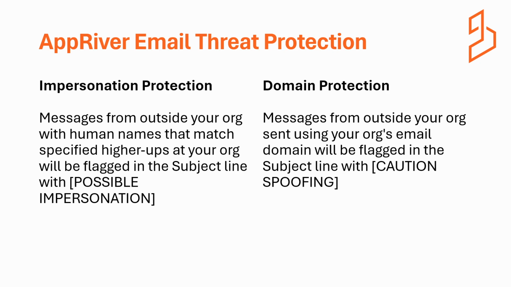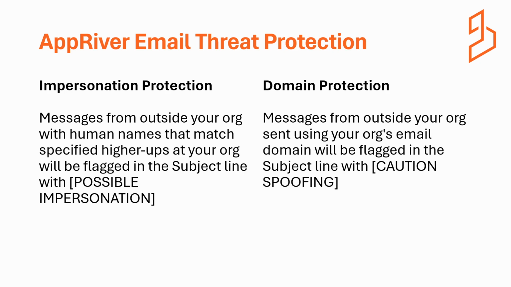The second category here is domain protection. Similar but different. It protects you from messages outside your organization that are displaying the domain name of your organization. Let's say your domain name at the end of your email is duckworth.com. Sometimes people will spoof that, and even though it's coming from a Gmail address, it displays duckworth.com.